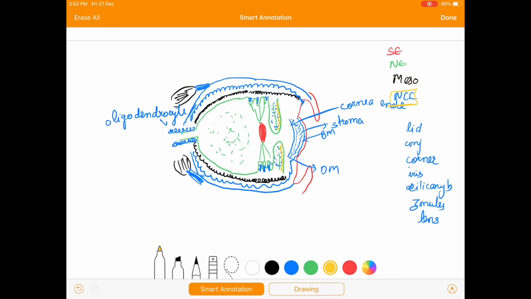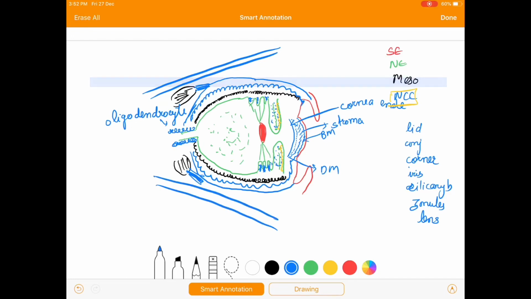Neural crest cells also give rise to the orbital bones. So you got all these structures over here, that is the eye plus extraocular muscles and orbit plus glands. I forgot to mention the list of glands in surface ectoderm.